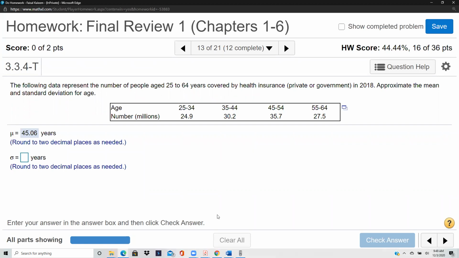Would it be population? Why? I would say because of our data, it's all the people of those ages.